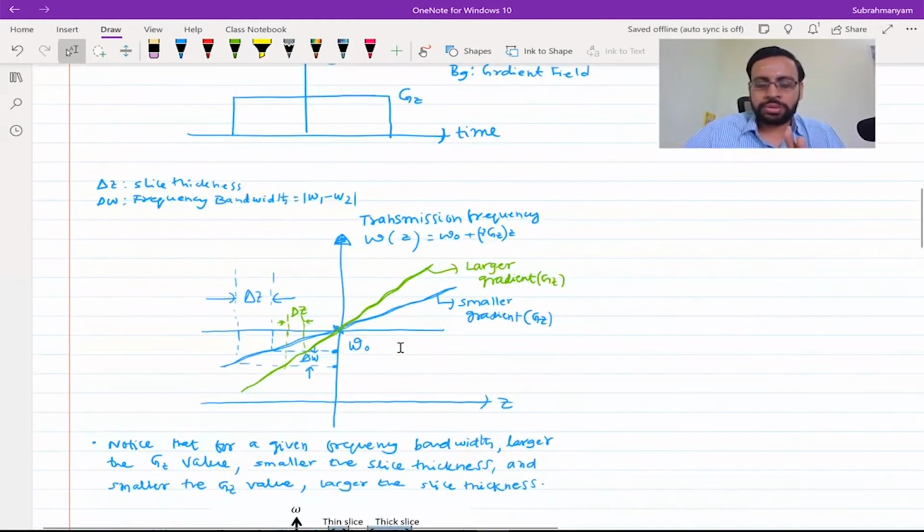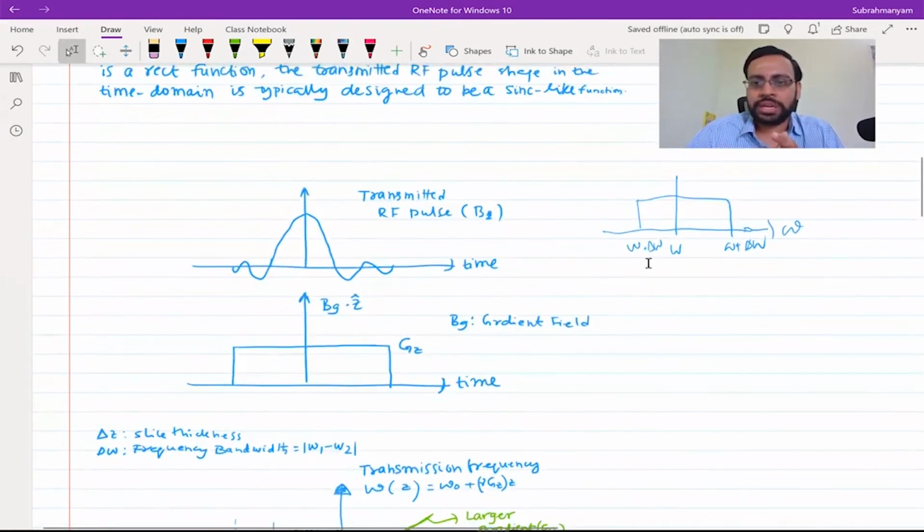So now what we are going to discuss is, for a given bandwidth, or in other words delta W, assume that, if you want me to call that, I should have written it as minus delta W by 2 to delta W by 2, so that this length is delta W. That is fixed.